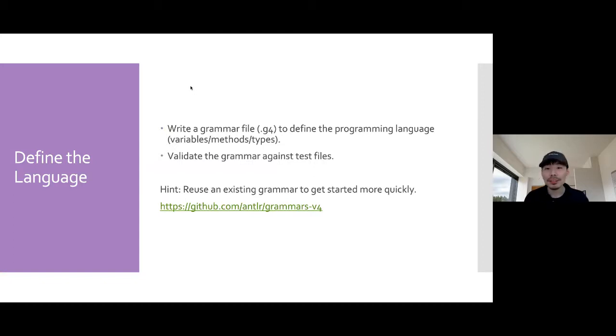You don't even need to write your own grammar file if you target a popular or well-known programming language. You can go to this GitHub repo and find quite a lot of sample grammars for C, Java, C#, Python, and so on and so forth.